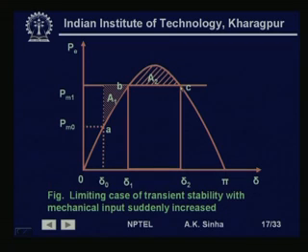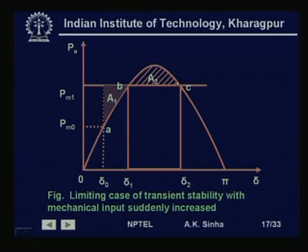So, this is what we call a limiting case, that is a case where the system is just stable, that is area A 1 is equal to the maximum decelerating area which is available, and the maximum decelerating area available will be this A 2 up to this point delta 2, and therefore, this is the maximum delta excursion that is possible, because if delta excursion goes beyond this, we will start getting further acceleration of the system, and delta will keep on increasing.